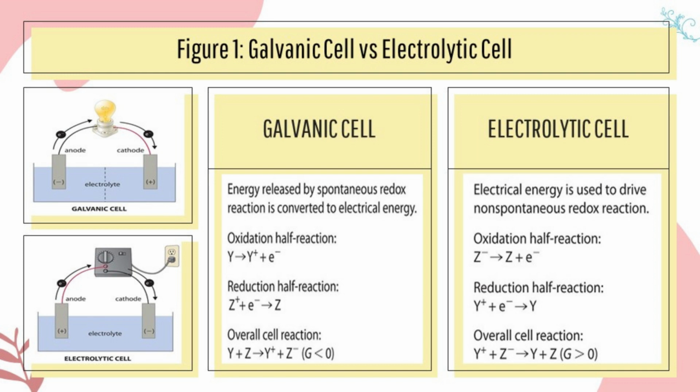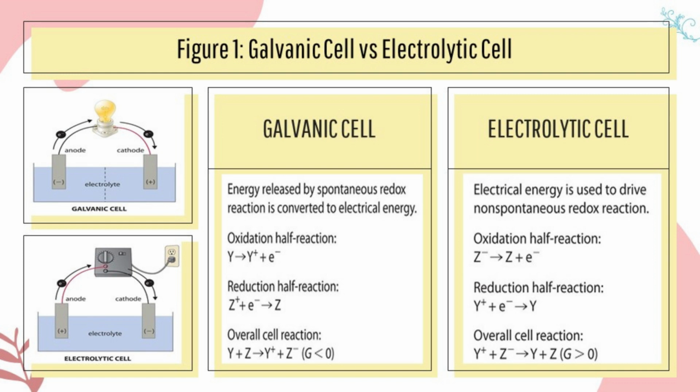Okay, so another thing is in galvanic cell, the anode serves as the negative electrode, and in the galvanic cell, cathode naman serves as the positive electrode. So in electrolytic cell, since we have here the application of battery, our anode here serves as the positive terminal kasi nga siya yung connected doon sa positive side ng ating battery.